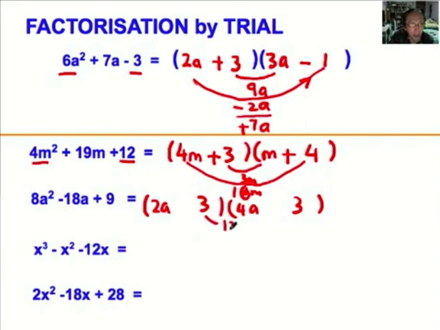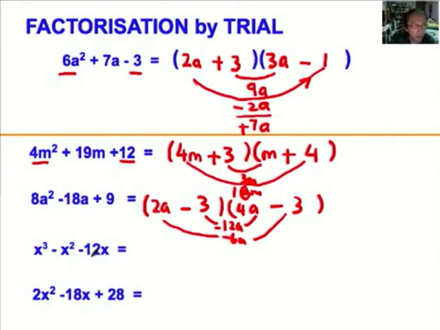Here we have 12a, and here we have 6a. Since the middle term is negative 18a, both must be negative. It is also important to check the sign in the last term, which is positive. So we have negative times negative to give positive 9.